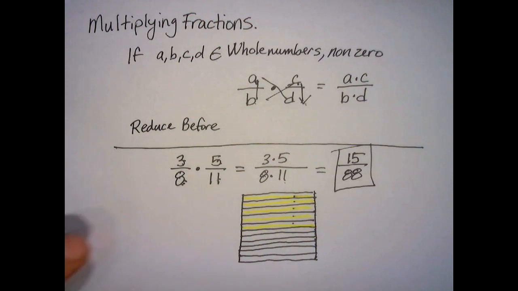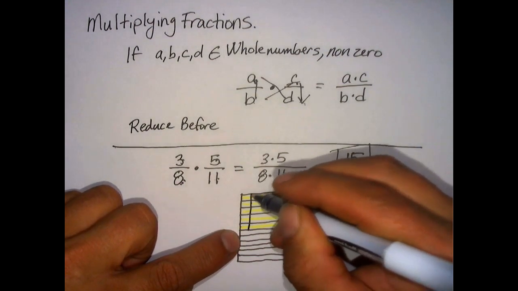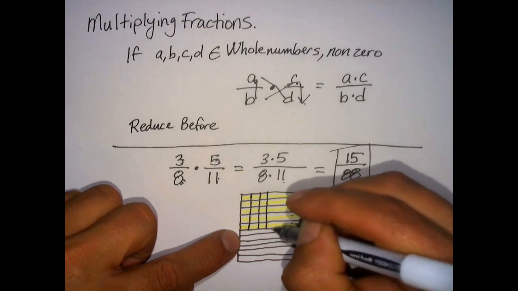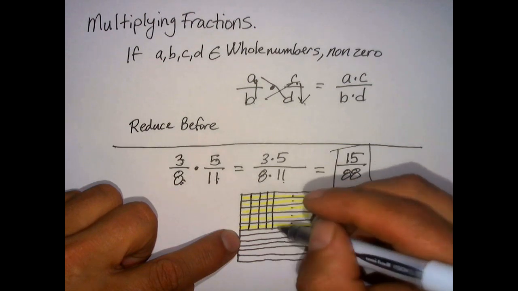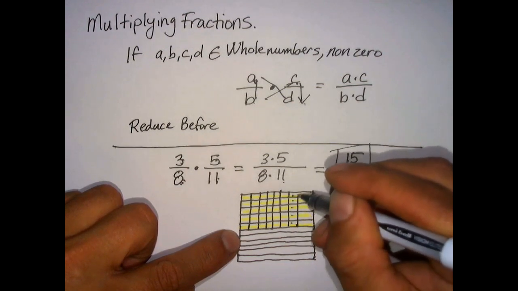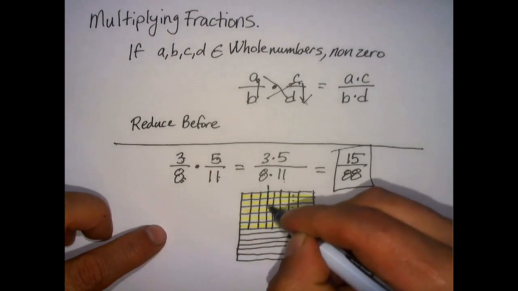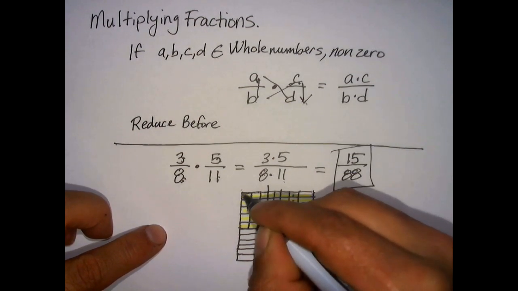Okay. So if I was to split the 5/11s into 8 parts, 1, 2, 3, 4, 5, 6, and pretend they're equal parts, and then take 3 of those, like this, just these 3.